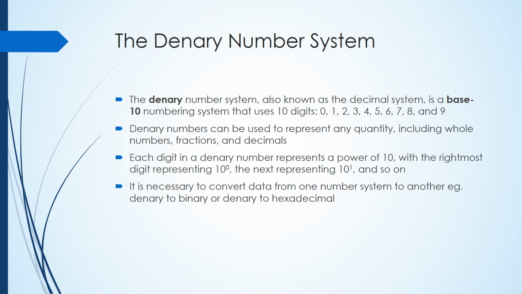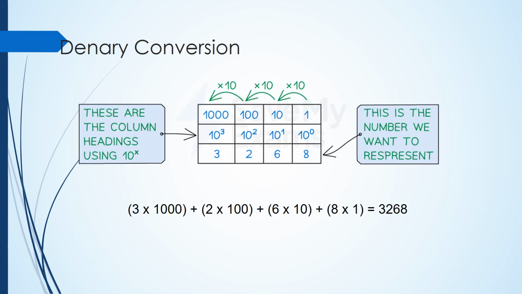It is necessary to convert data from one number system to another, for example from denary to binary, or denary to hexadecimal. So, for denary conversion, see this number, 3268. If we convert this denary number, this is how we generate it.